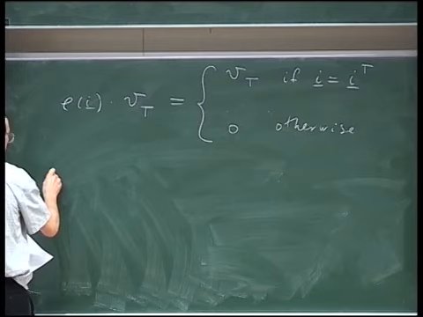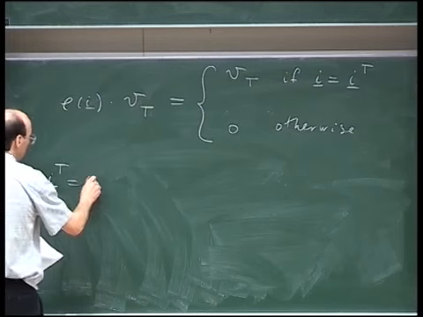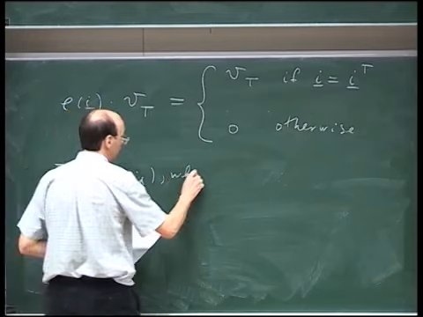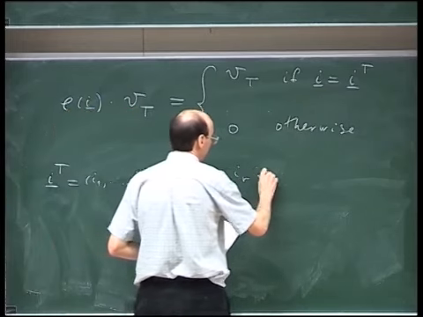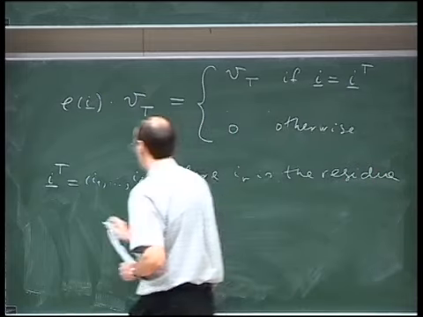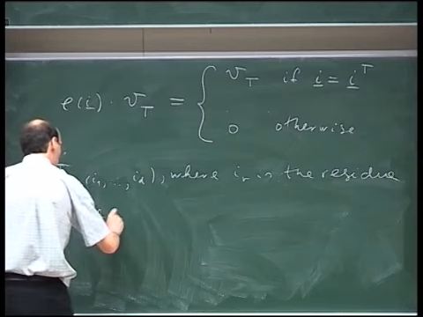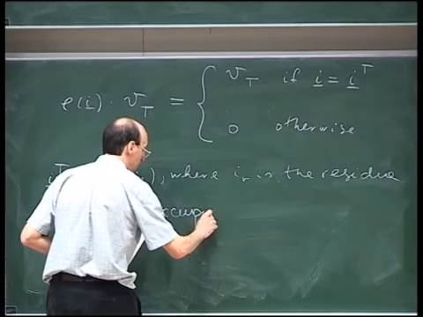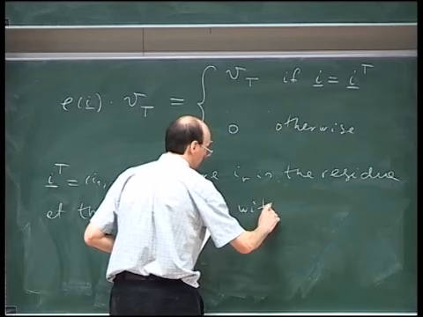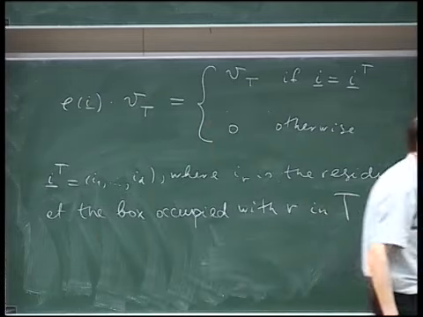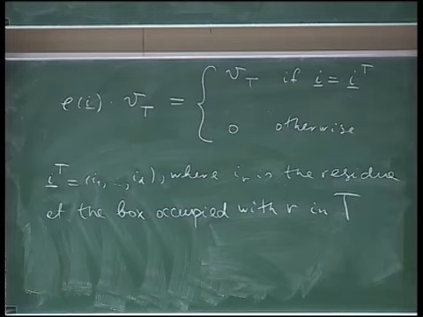And let me tell you what that is. So i_T is (i_1, ..., i_d), where i_r is the residue of the box of the Young diagram occupied with r in the tableau T. And again, let me quickly explain that.